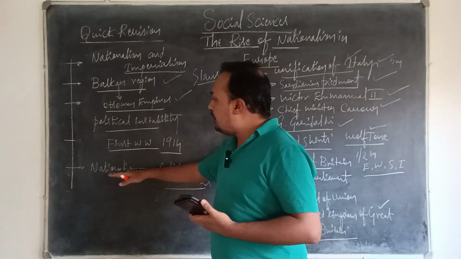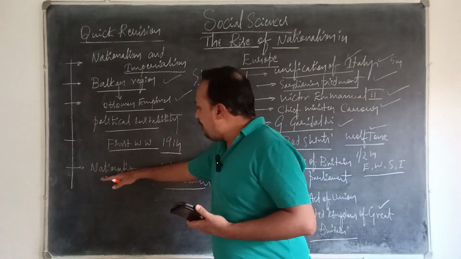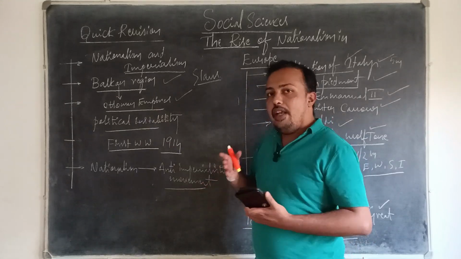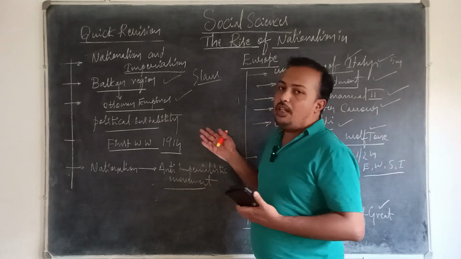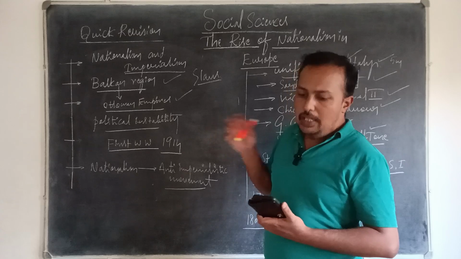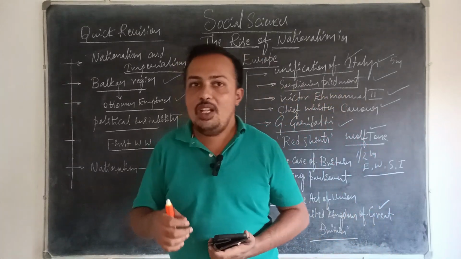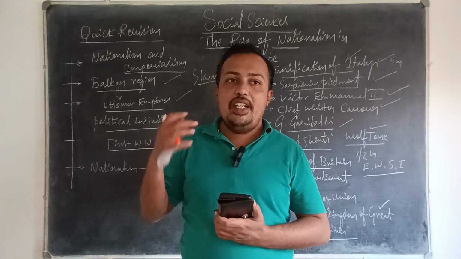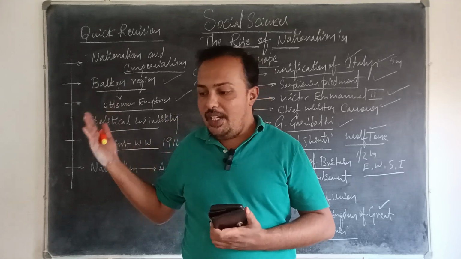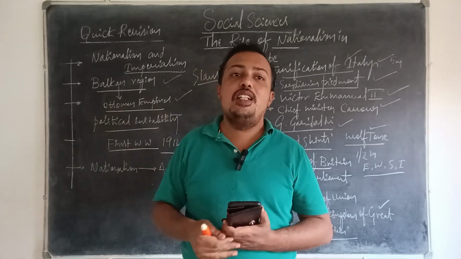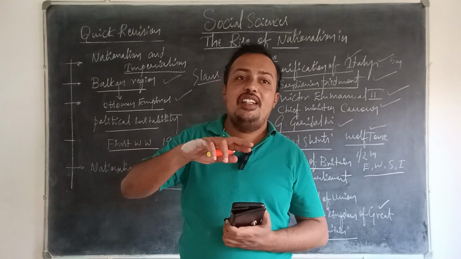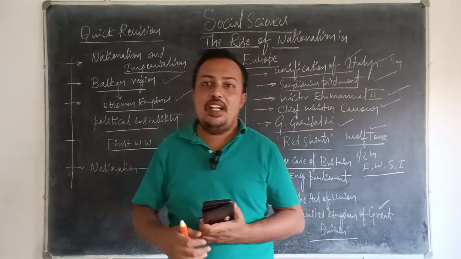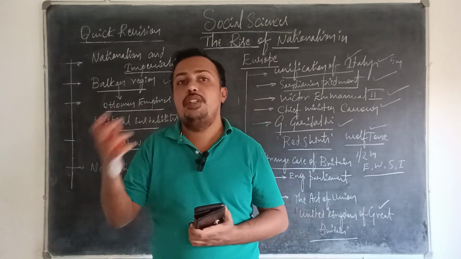After this, you can see the spread of nationalism, and everywhere anti-imperialistic movements were started. That is how Europe engaged in the rise of nationalism, which converted the modern states into nation states, and further influenced other parts of the globe.